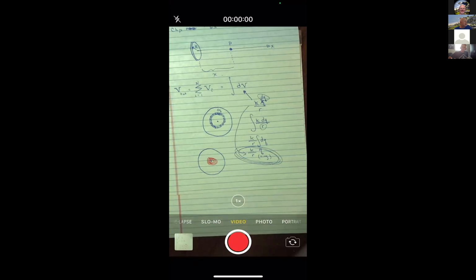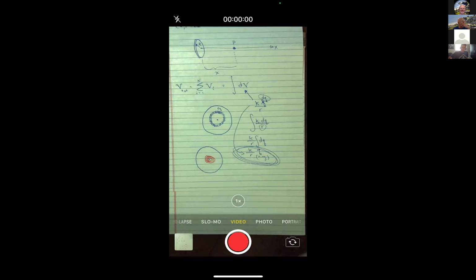Let's see, that is actually an example he does. We'll call it chapter 25 in the textbook. Well, actually, I got the hard copy right here, but somewhere he does the potential from a ring.